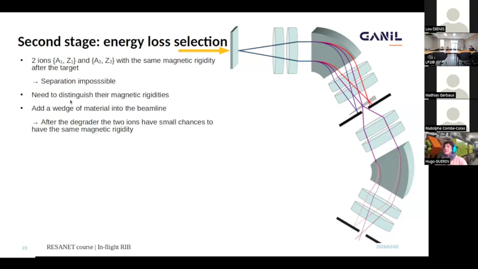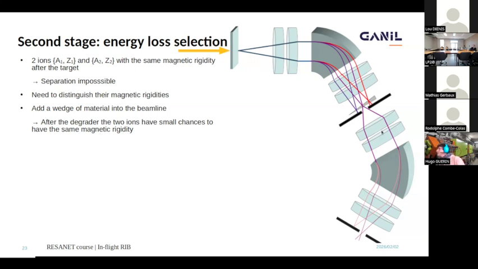So we need to distinguish their magnetic rigidities. That's why we add a wedge of material into the beamline. This wedge will induce an energy loss, which is proportional to Z squared. Because of that, after this degrader, these two ions have really small chances to have the same magnetic rigidity again.